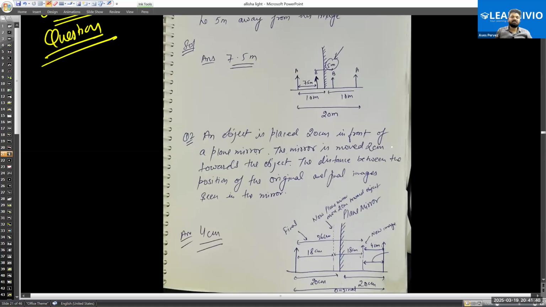An object is placed at a distance of 20 centimeter in front of a plane mirror. Note it down.